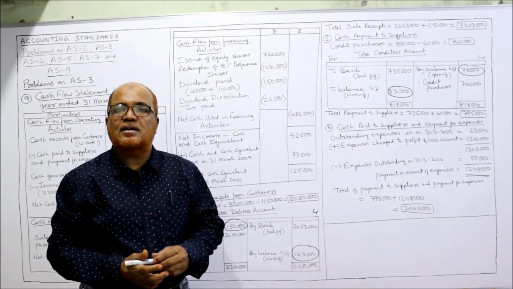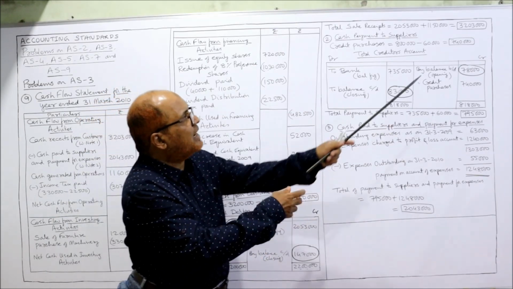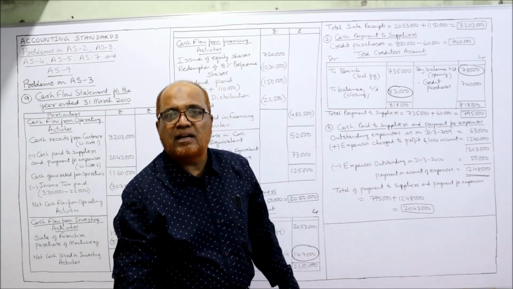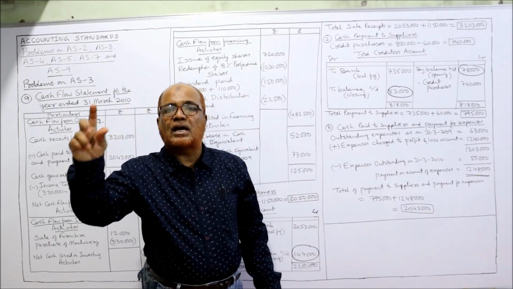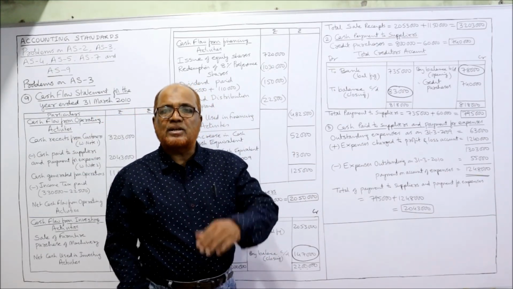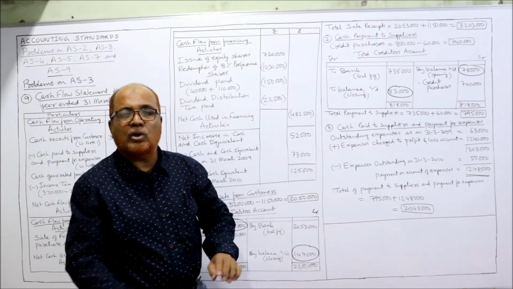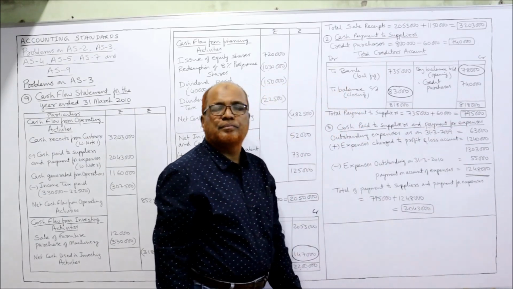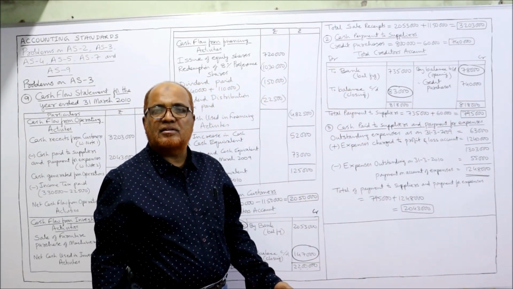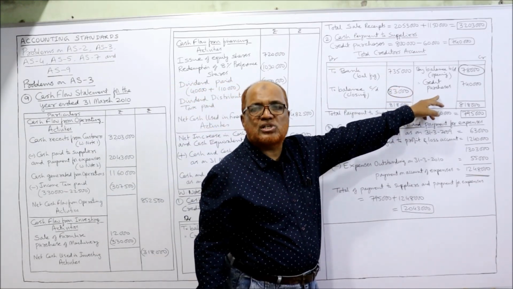Apart from that, credit purchases. How much are the credit purchases? 7,40,000. The entry will be purchases account debited, creditors account credited. So on the credit side, credit purchases 7,40,000. So we have calculated: opening we have taken, closing we have taken, and credit purchases we have taken.